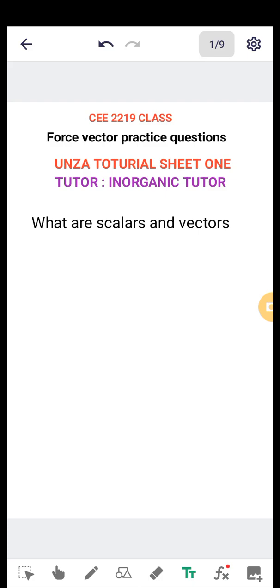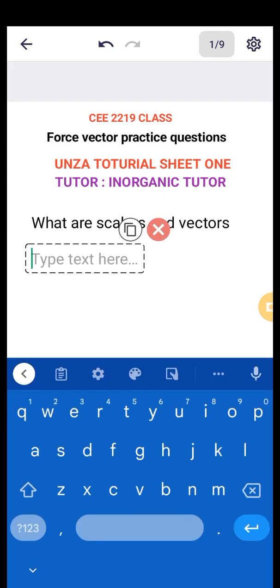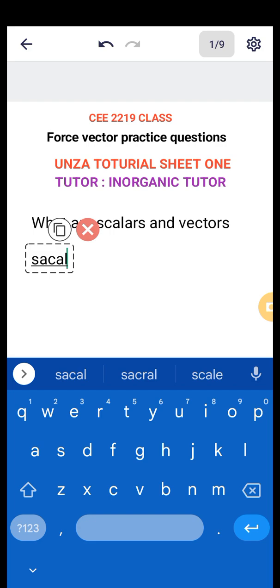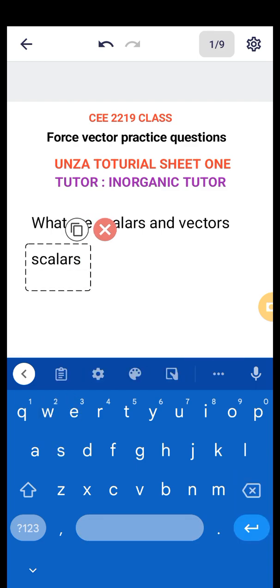Examples which we can give on scalars: one, mass. Two, we can give length. Three, we also have time.